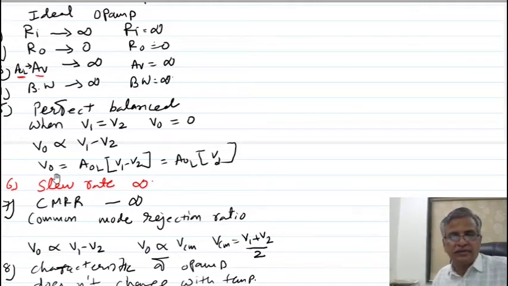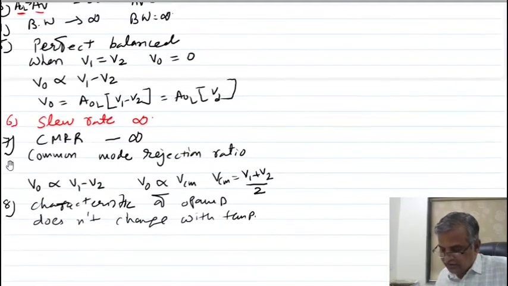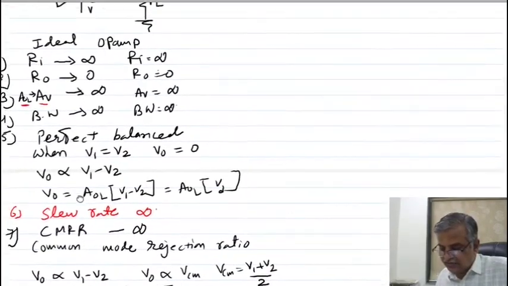It should not depend upon the signal which is common to both inputs, inverting and non-inverting. Slew rate should be very large, common mode rejection should be very high, it should be infinite, and characteristics should not change with temperature. But none of this is really possible. This is just what we write ideally.